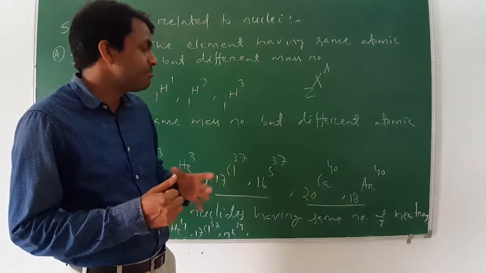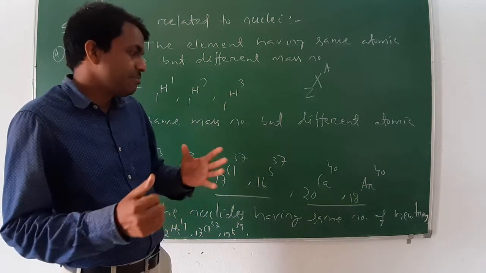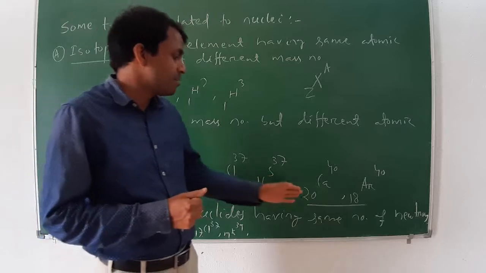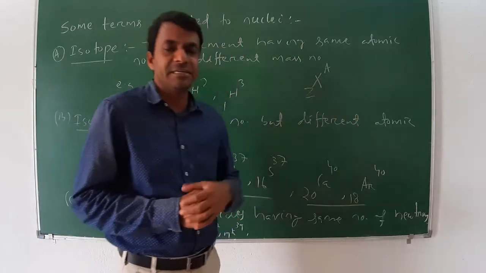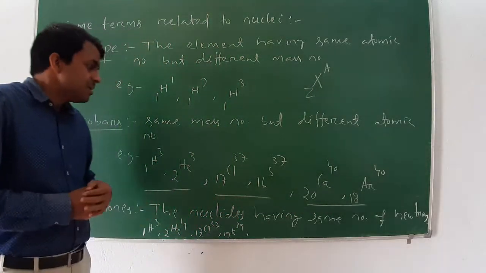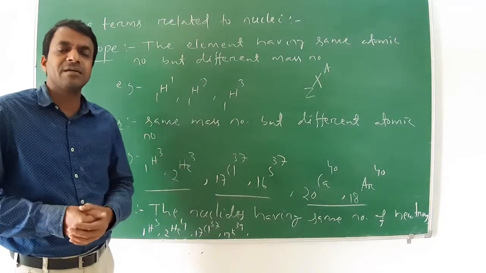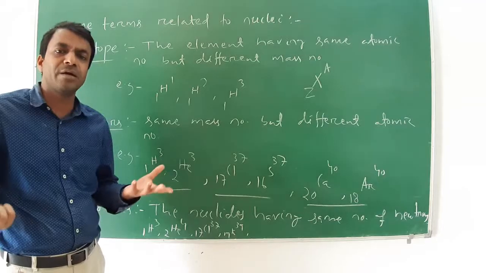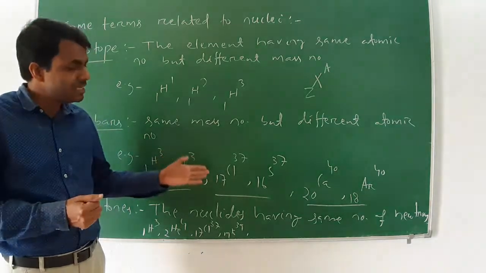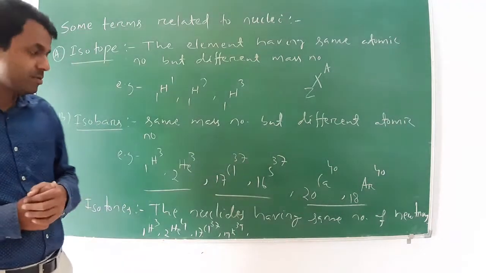That is the same mass number, 40, but different atomic number, that is 20 and 18. You have to remember some examples of isobars. Give one, 2 or 3 examples of isobars, then you can write these examples.